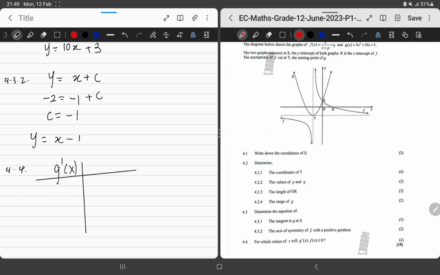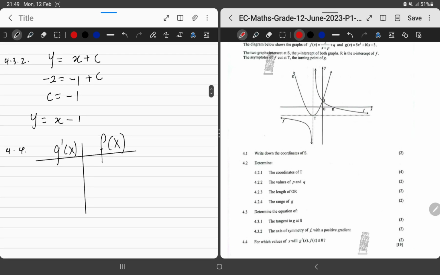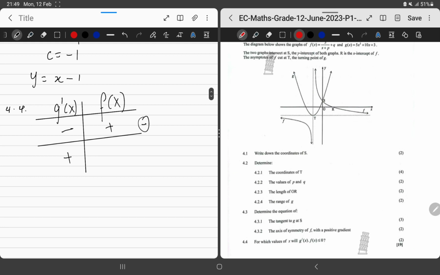I have one where I have the gradient and then f of x. In order for me to multiply two things and get something that is less or equal to 0, it means that the product of the two must be negative. So when I multiply a negative with a positive, I must get a negative. Or when I multiply a positive with a negative, I must get a negative.